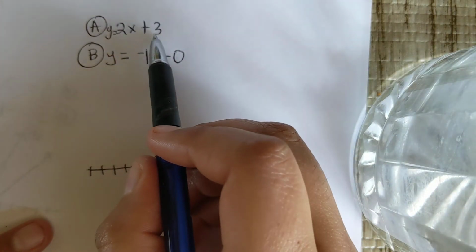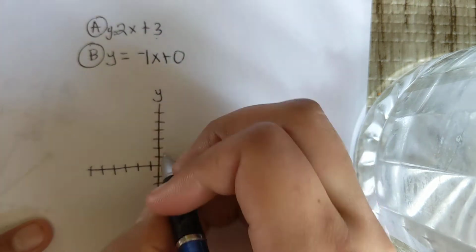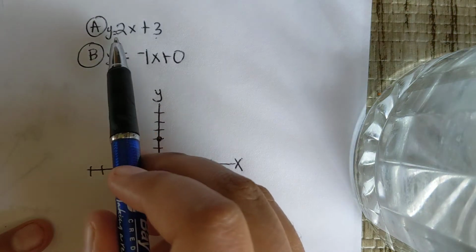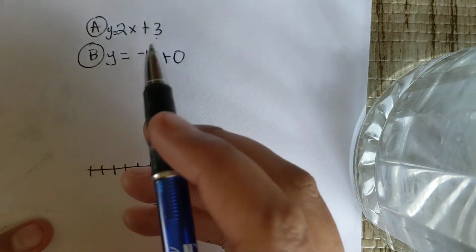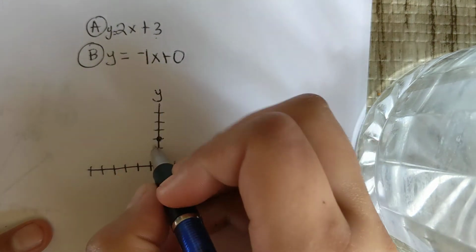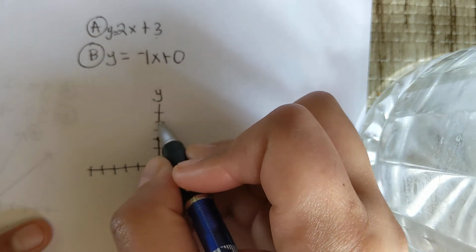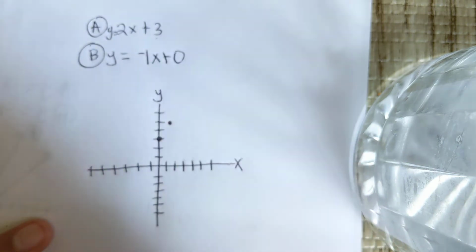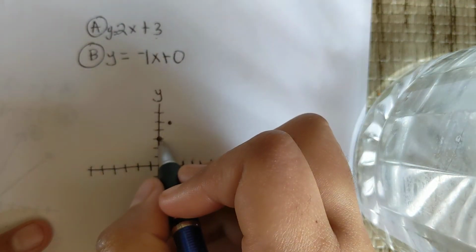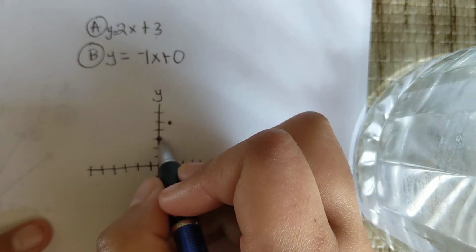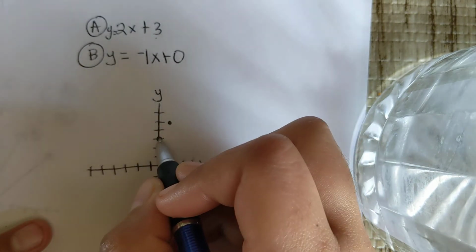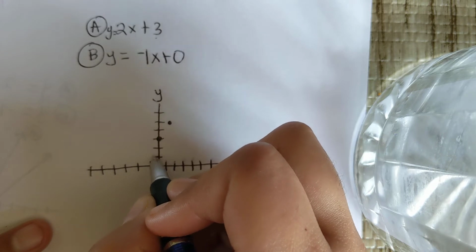Okay, so my y-intercept is 3 for the first line. So I'm going to make a dot at 3. There's my point. And then the slope is 2x, and it's positive. So I'm going to go up 2, 1 to the right. So about right there. Okay. Since I ran out of room over here, I'm going to do the same thing over here: up 2 and 1 to the left.